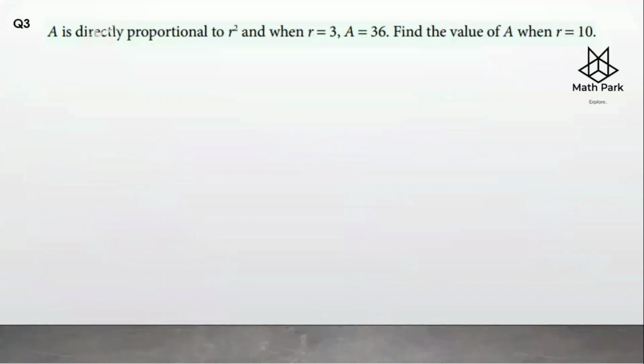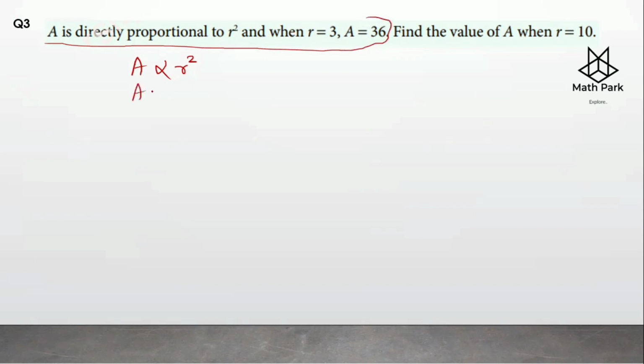Moving to the third question. A is directly proportional to r square. And when r is equal to 3 and A is equal to 36, find the value of A when r is 10. So for this, we first find the constant of proportionality with the given condition. A is directly proportional to r square when A is equal to 36 and r is equal to 3.